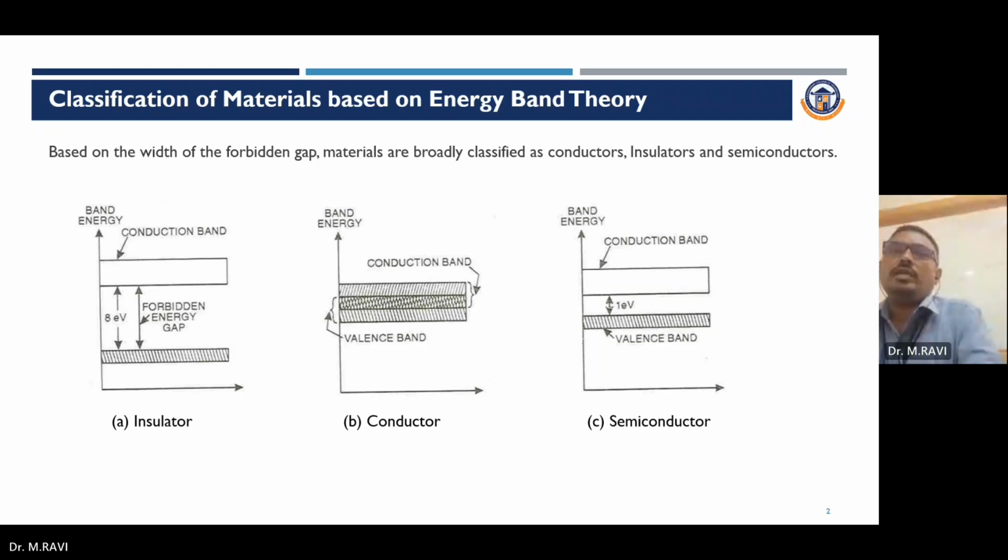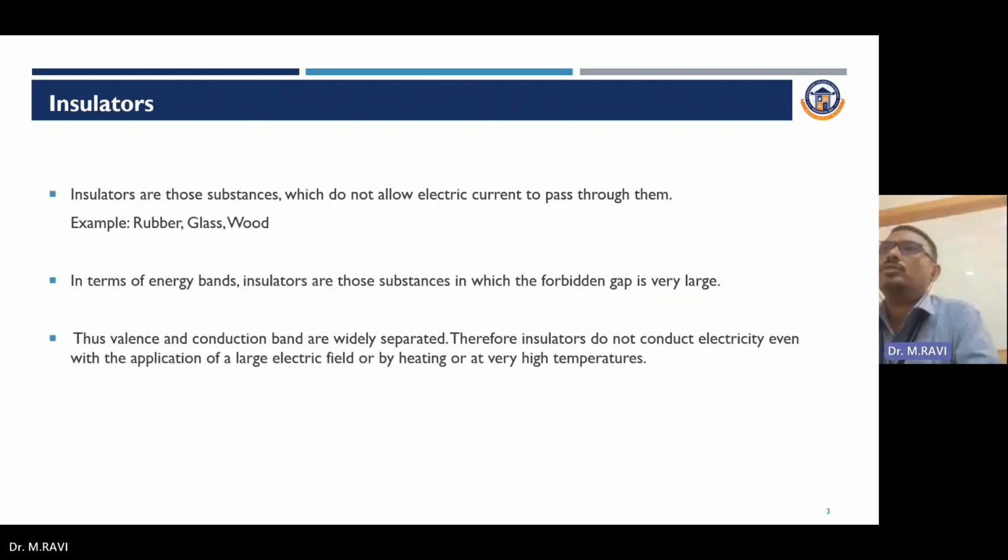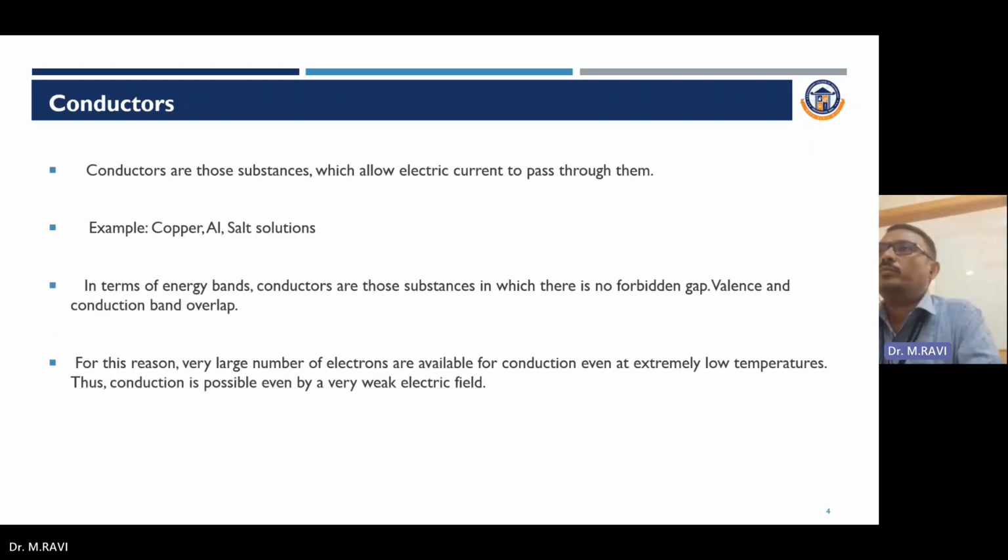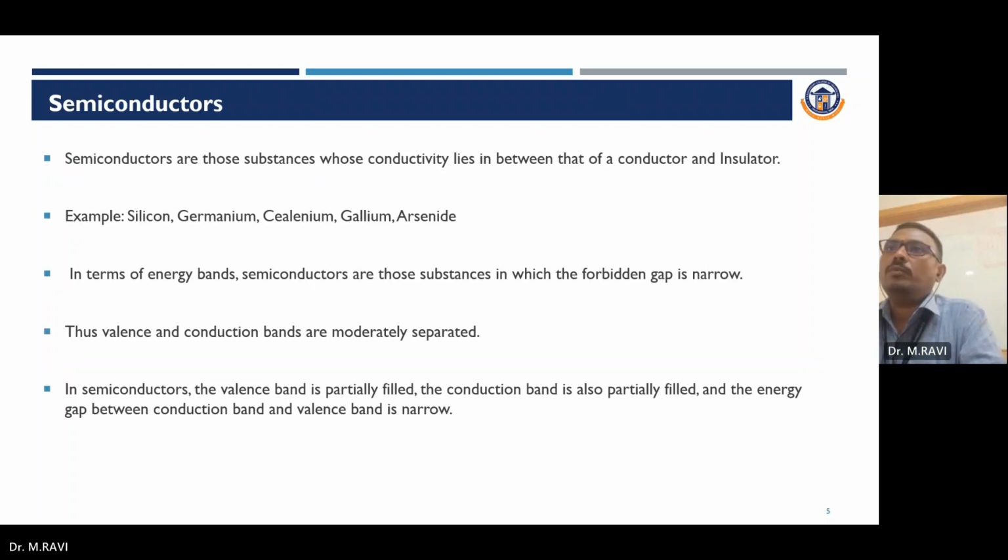Next, semiconductors. Semiconductors are those substances whose conductivity lies between that of conductors and insulators. For example, silicon and germanium. In this kind of substance, the forbidden gap between the valence band and the conduction band is very narrow.